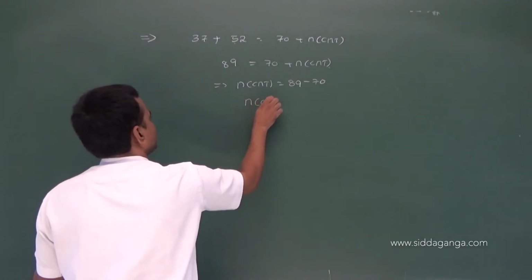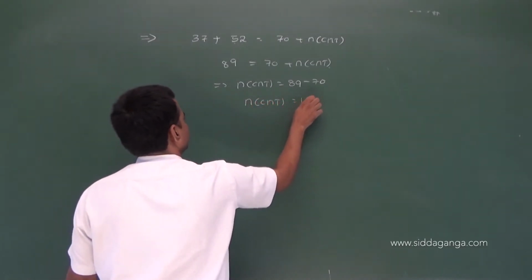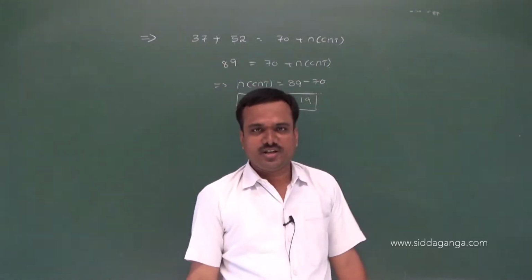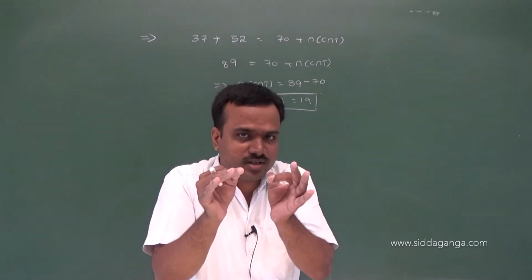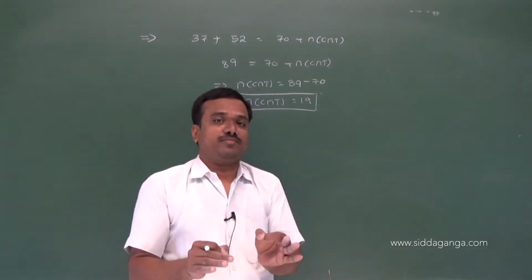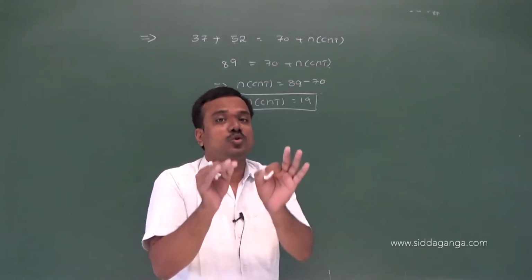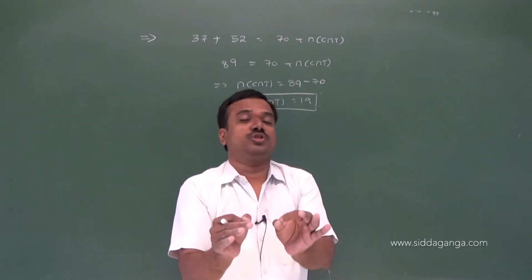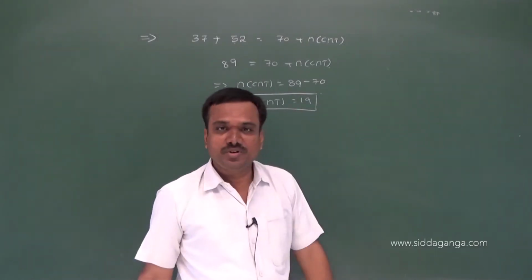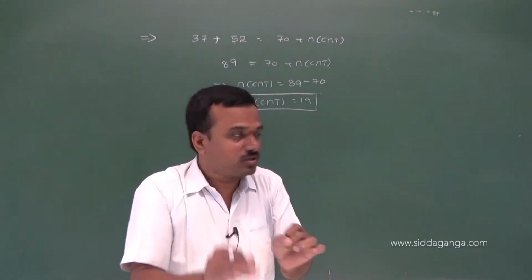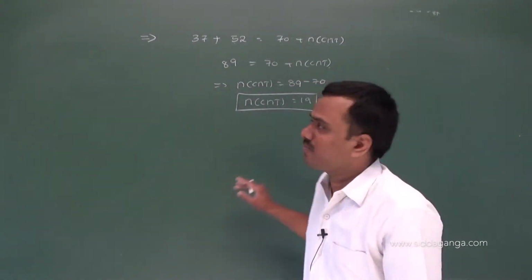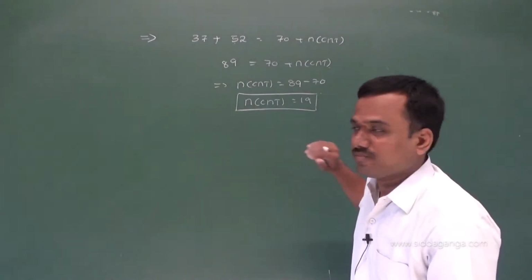N of C intersection T is how much? 19. So 19 people like both what? Coffee and tea. So understand this problem. It is also a very important problem. Next problem.